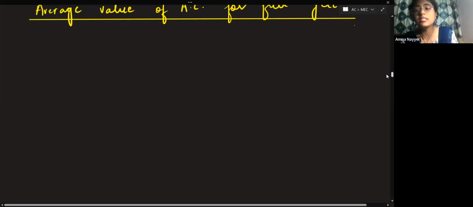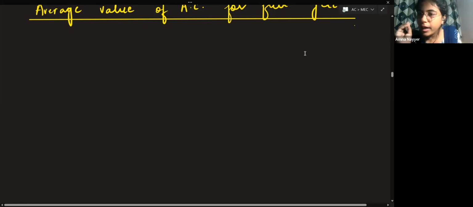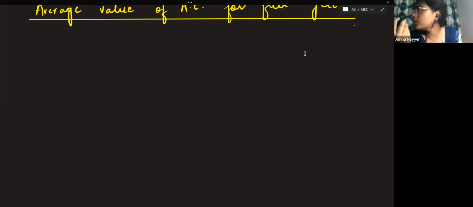Why? Because this is variable. Whenever you use normal calculus, you have finite fixed things. Like when we were calculating terminal potential difference, we could easily write the equation V is equal to E minus IR, put the values and get our answers. In this case, everything is variable. You cannot have a fixed value.